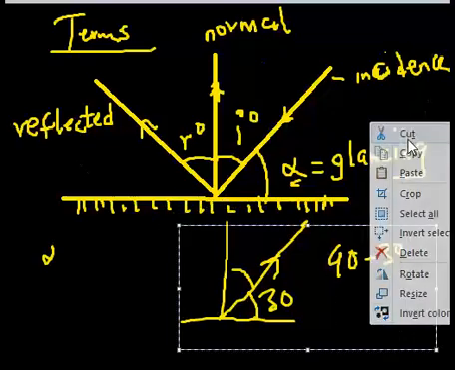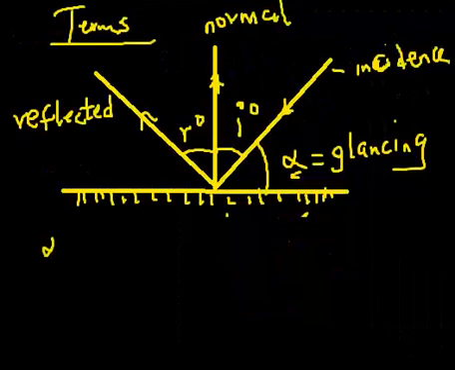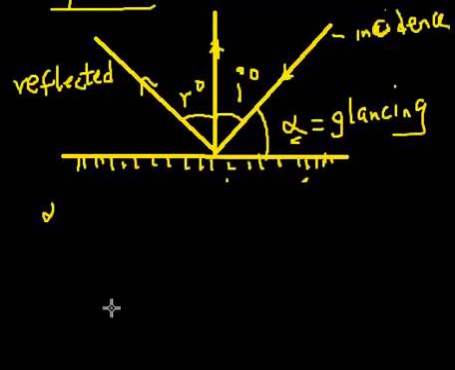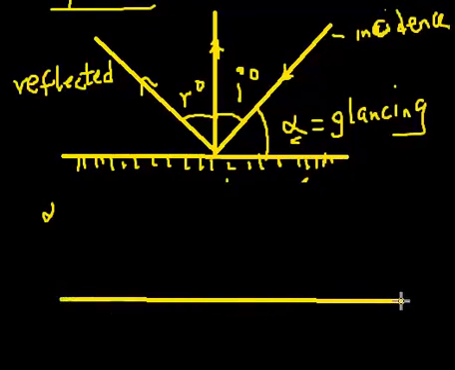Then of course there's another term I need to talk about, known as deviation. Anytime a ray changes direction, there's always a deviation. Deviation is the angle between the initial direction of a ray and the final direction.